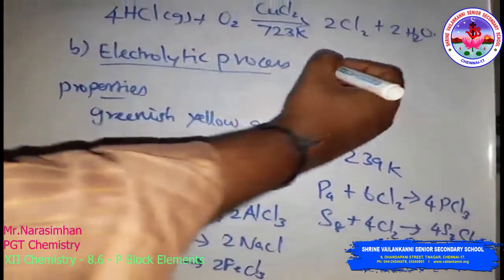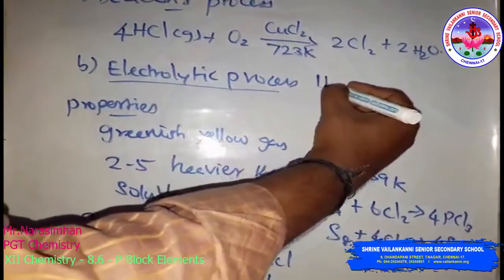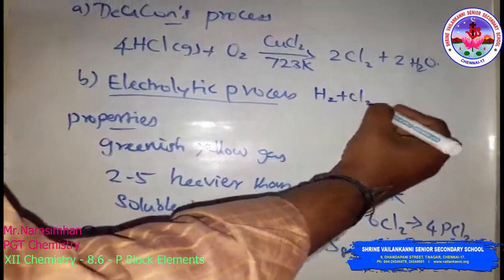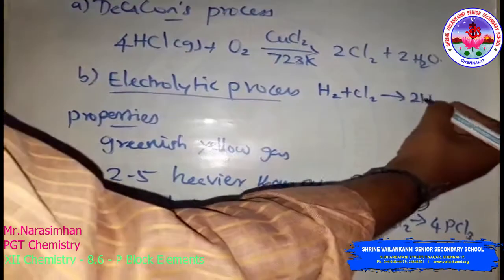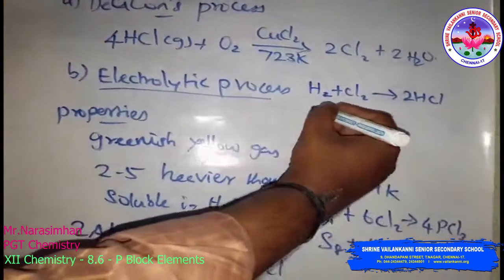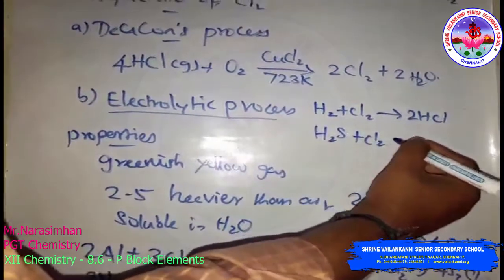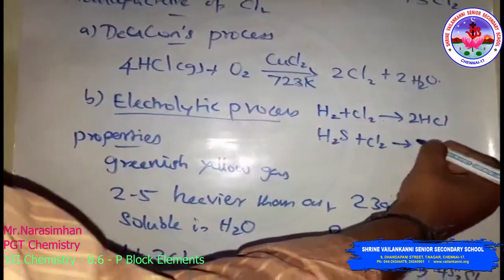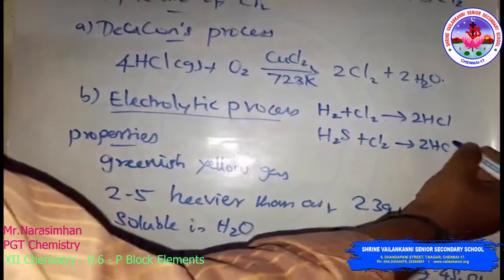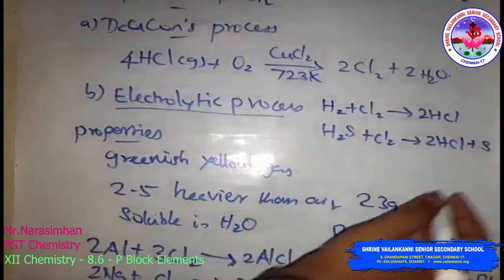For example, hydrogen reacts with chlorine to form HCl, and hydrogen sulfide reacts with chlorine to form HCl and sulfur.